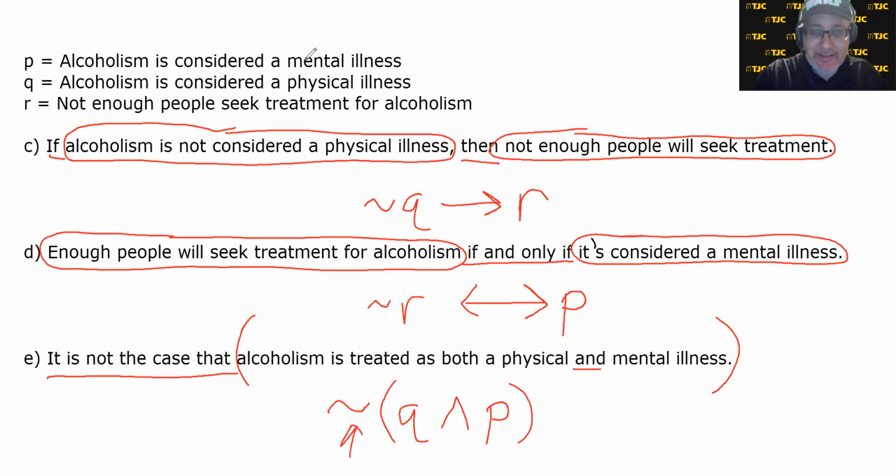It is not the case that alcoholism is treated as a physical illness and as a mental illness. So that one's a little bit sneaky because we haven't talked about the phrase "it is not the case that." But again, that phrase usually means a negation of a compound statement. That compound statement goes inside of parentheses. Told you it was going to get trickier.